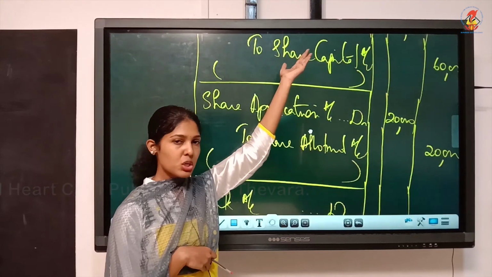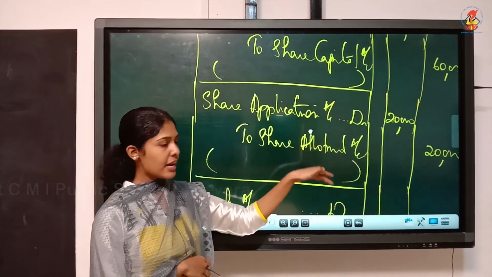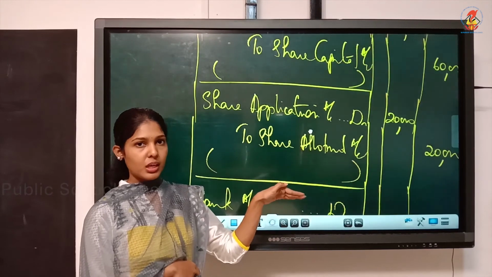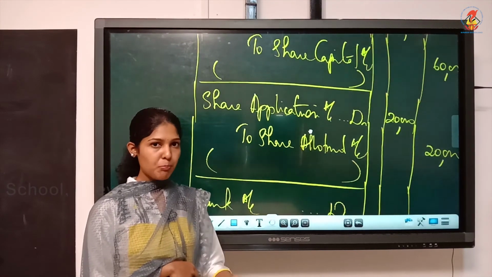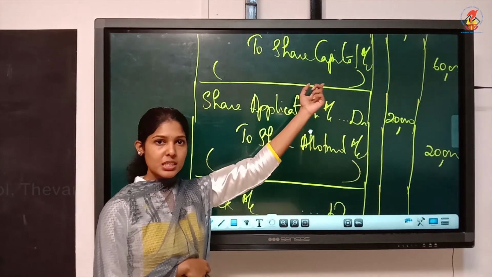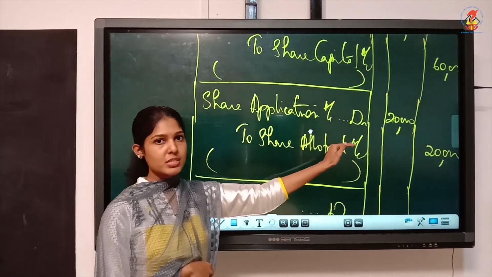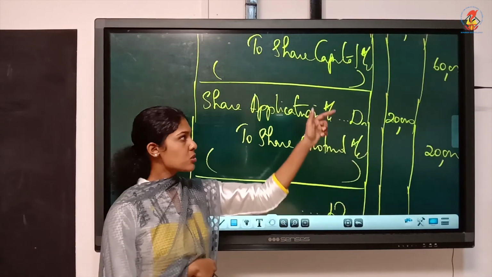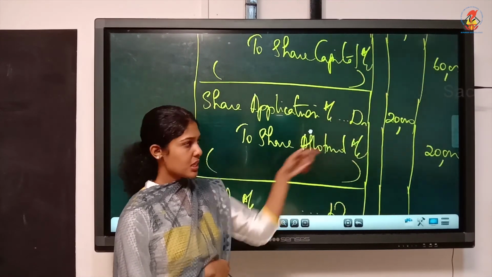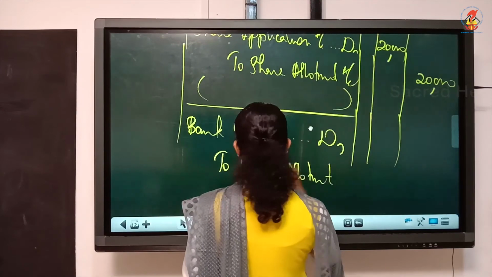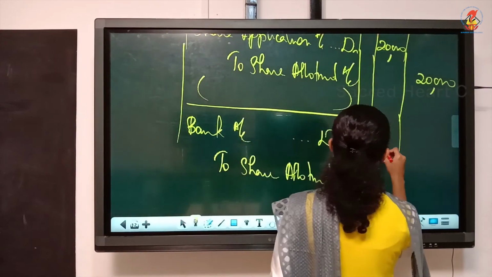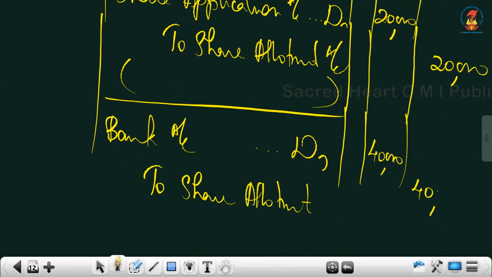Excess application you received 20 and that we adjusted with this allotment. Now are we supposed to receive 60? 60 is what you have to get, but already you have received something excess. So that 20 you can less. Now what you will get will be only 40,000. Understood?